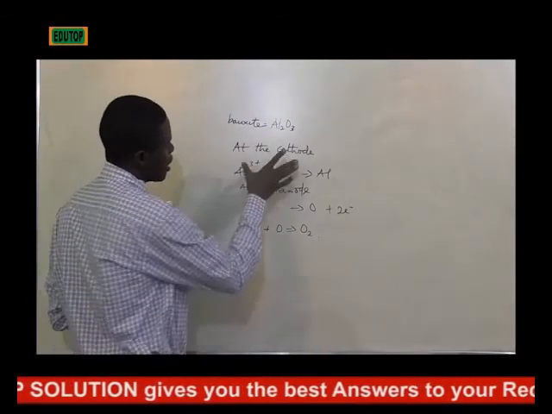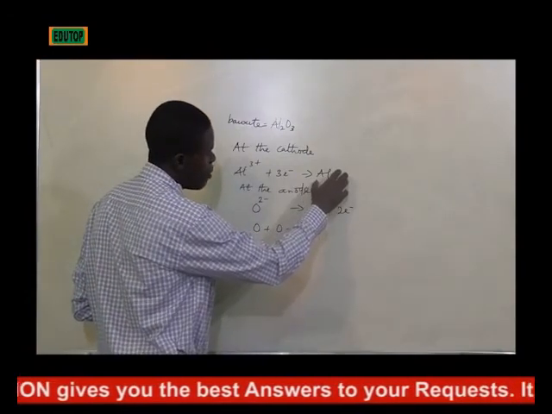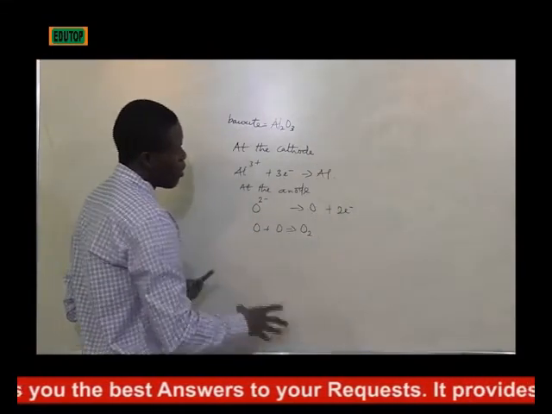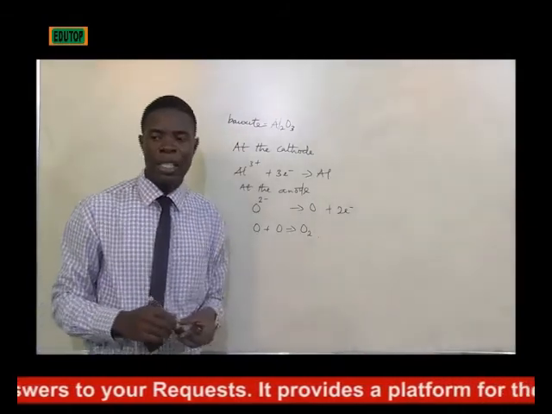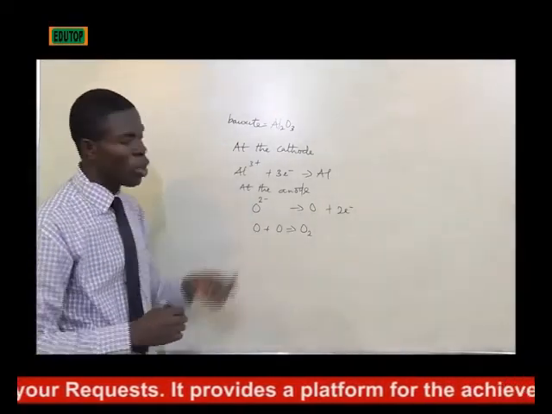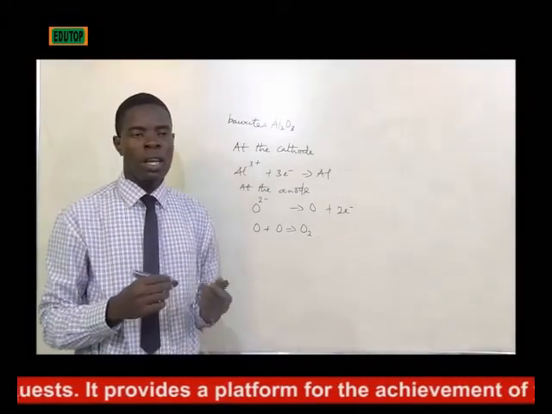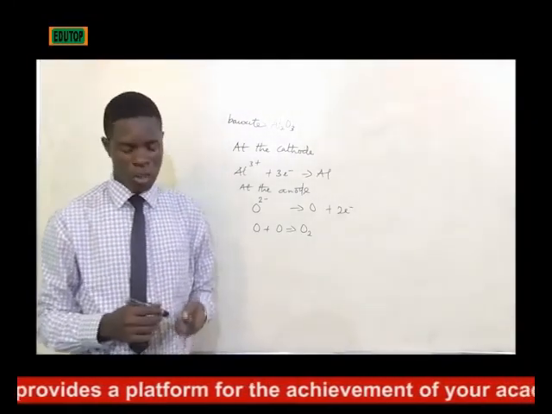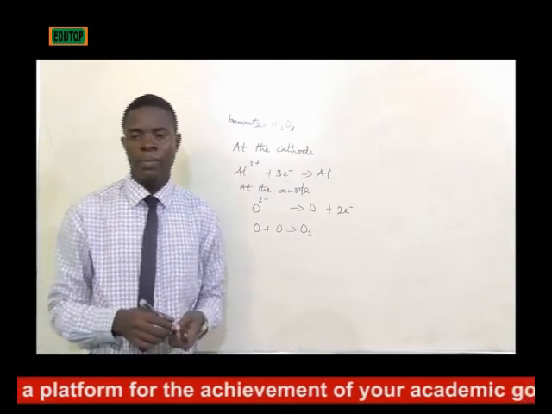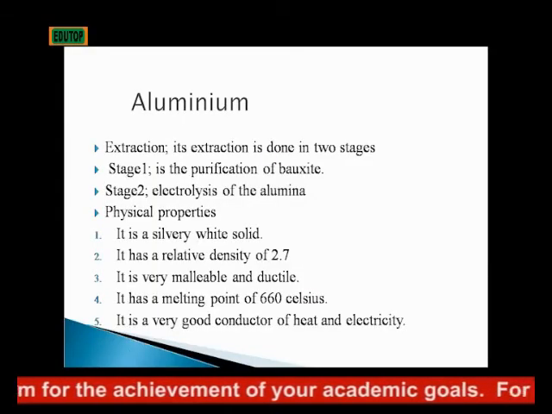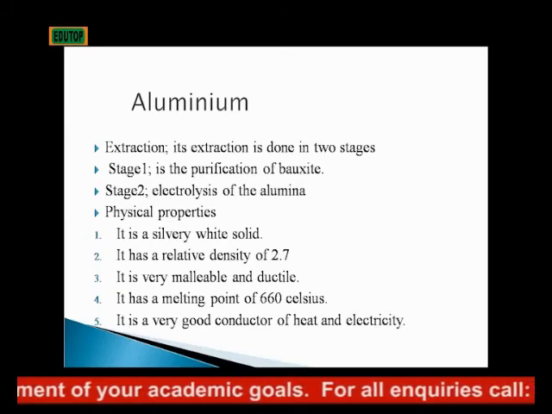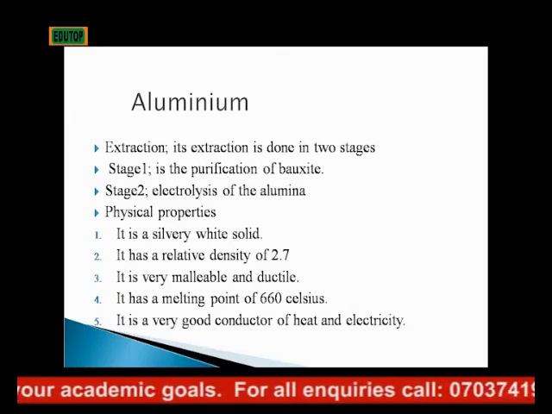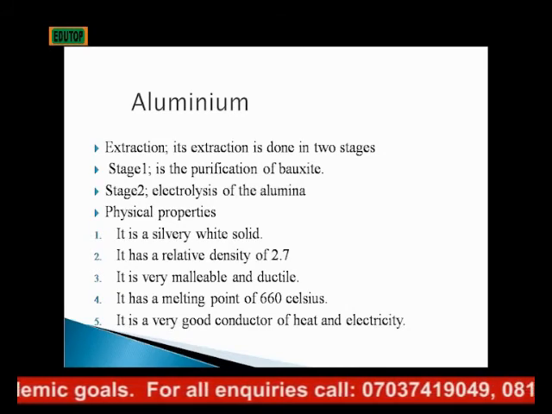So at the cathode, aluminium is deposited, while at the anode, oxygen gas is liberated. That is the electrolysis for extraction of aluminium. Its extraction is done in 2 stages. Stage 1 is the purification of bauxite, while stage 2 is electrolysis of alumina.